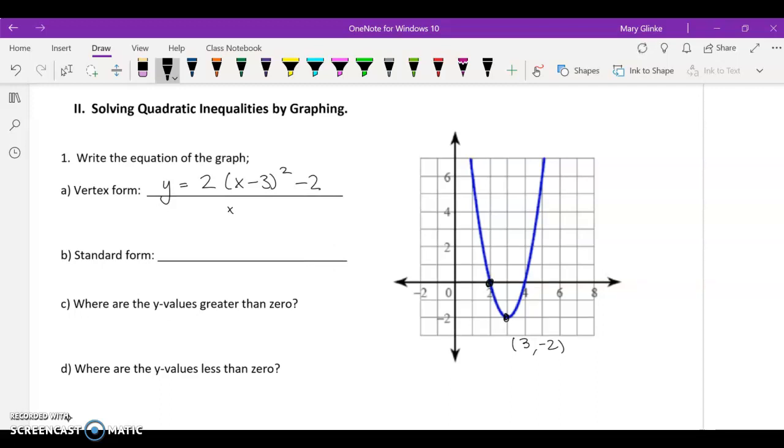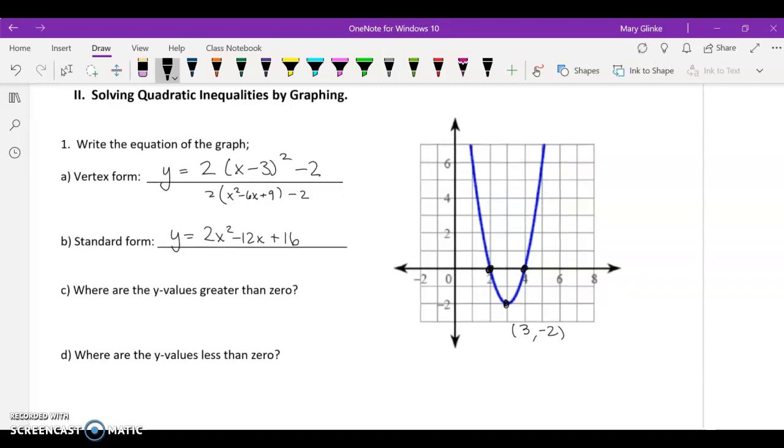For standard form, we would distribute that square and then distribute the 2 out in front and combine everything. So we would get y equals 2x squared minus 12x plus 16. So we could write our equation either in standard form or in vertex form.